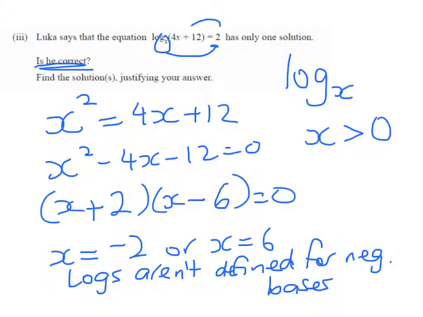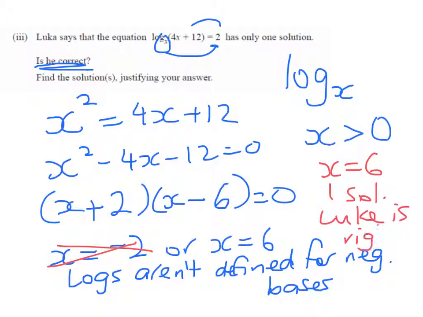Okay, they're only defined for positive bases, so we need to have just one solution. So x equals 6, one solution. Luke is right. Okay, now that is an excellence question with also with achieved and merit ticks along the way.